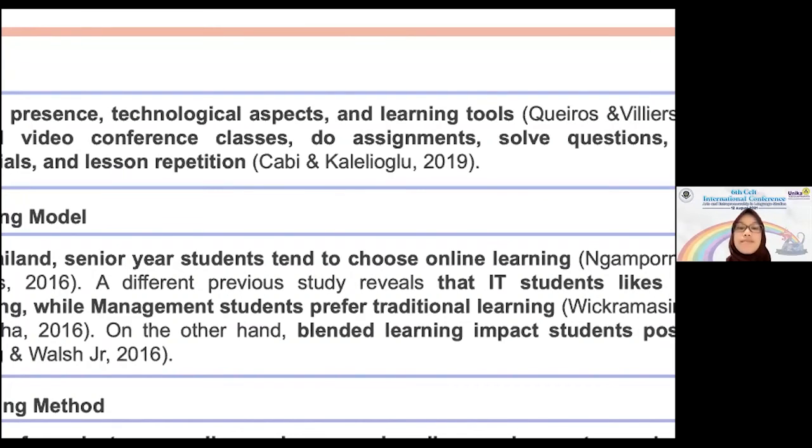And a different previous study reveals that IT students like online learning, while management students prefer traditional learning. On the other hand, blended learning gives a positive impact on students' performance. Notes from lecturers, online quizzes, online assignments, video recordings, and also websites are the most sought teaching methods in e-learning.